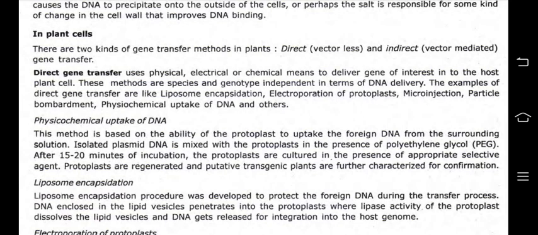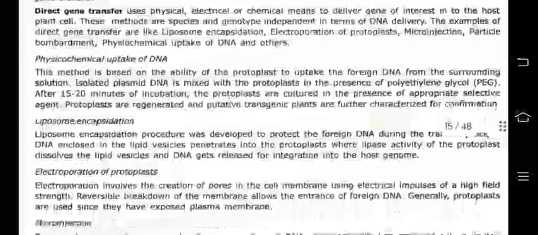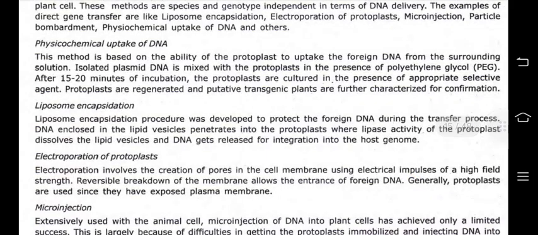The examples of direct gene transfer are liposome encapsulation, electroporation of protoplasts, microinjection, particle bombardment, physiochemical uptake of DNA, and others. Physiochemical uptake of DNA: this method is based on the ability of the protoplast to uptake the foreign DNA from the surrounding solution.